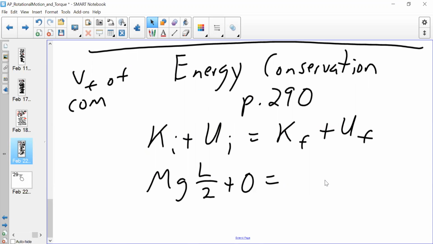And if you recall, rotational kinetic energy is 1/2 moment of inertia omega squared, and at the bottom it's at ground zero, so the final potential energy is 0. But we need to get V final from omega.